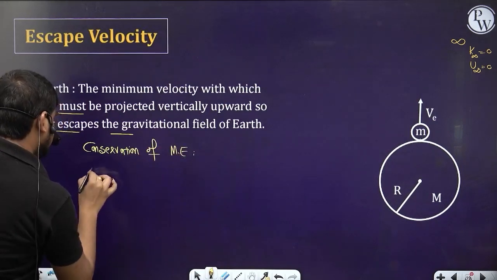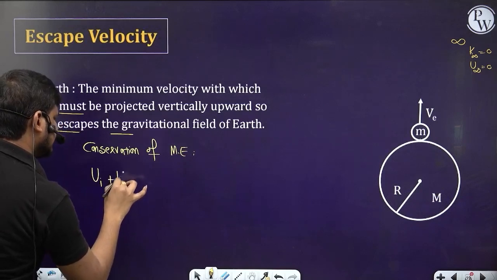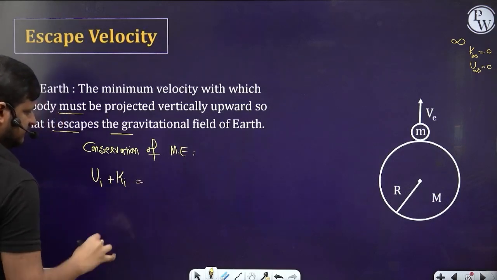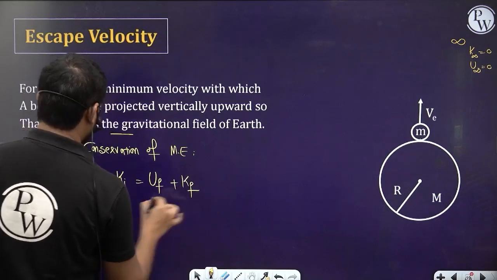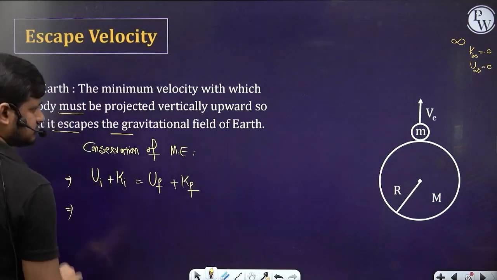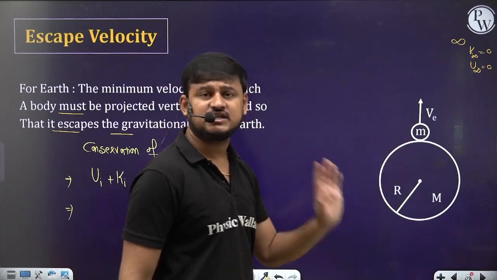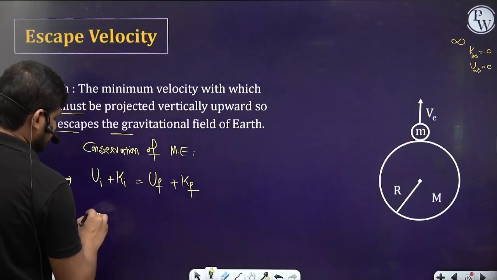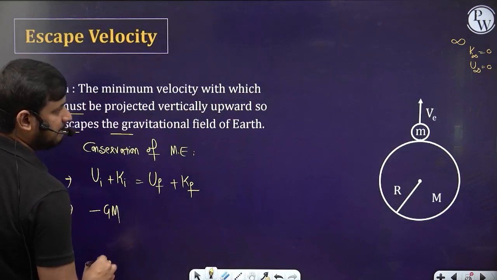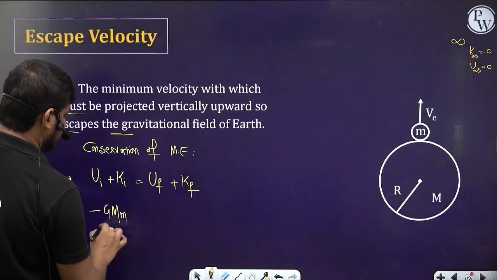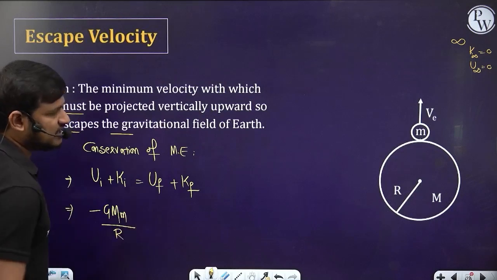So U initial plus kinetic energy initial is equal to U final plus kinetic energy final, right? Initially it is on the surface of the earth, so the potential energy possessed by it will be minus GMm, where small m is the mass of the object, by the radius of the earth.